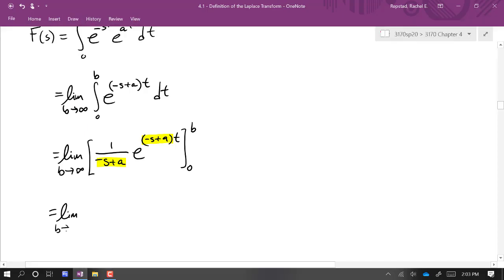So we're taking the limit as b approaches infinity. Then we have negative 1 over s minus a times e to the negative s minus a t. And now I'll plug in those limits.